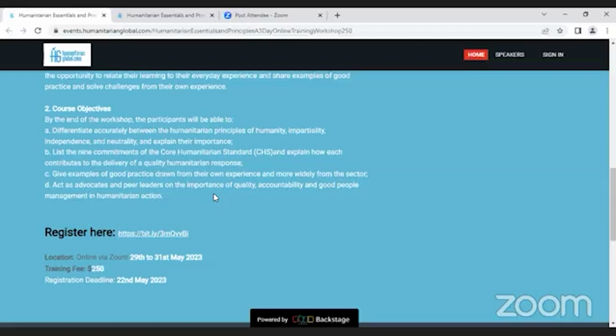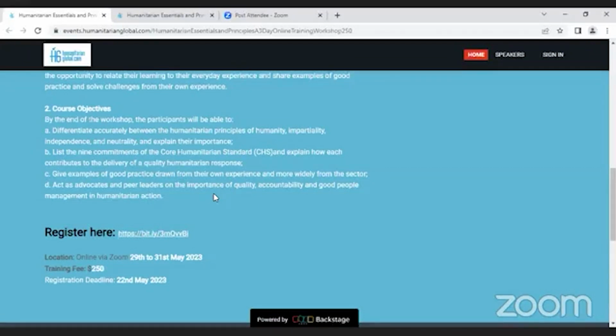Some of the objectives that will be covered, as you can see on the screen, is that you'll be able to accurately differentiate between the humanitarian principles of humanity, impartiality, independence, neutrality, as well as do no harm. All these are covered under humanitarian essentials and principles.